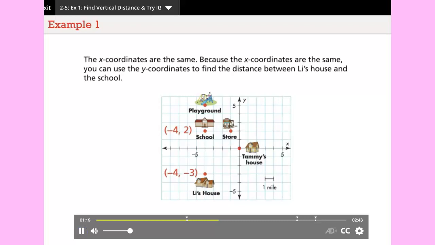Because the x-coordinates are the same, you can use the y-coordinates to find the distance between Lee's house and the school. You can use what you know about absolute value to find distances. So with that said, we're going to use the absolute value of 2 and the absolute value of negative 3 to find the distance between the two locations.